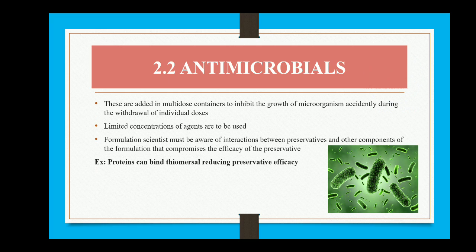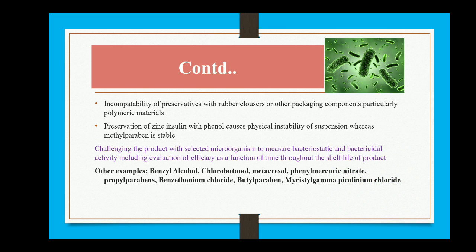PET should be done on the formulation to assure an effective preservative concentration. Incompatibility of the preservative with the rubber closures or other packaging components, particularly the polymeric materials, must also be considered. Preservation of zinc insulin with phenol causes a physical instability of the suspension, whereas methyl paraben is stable.